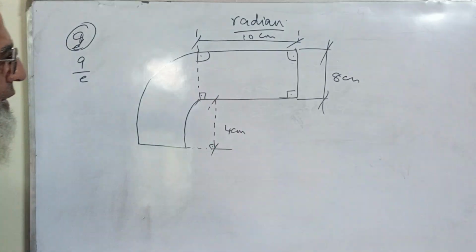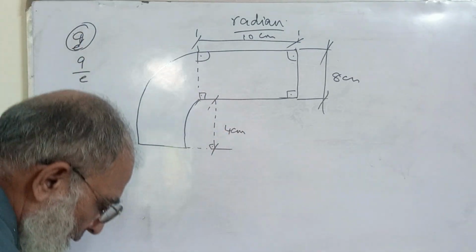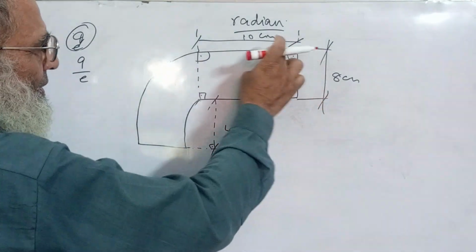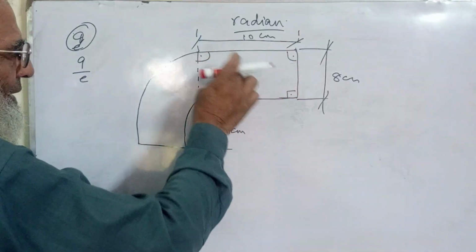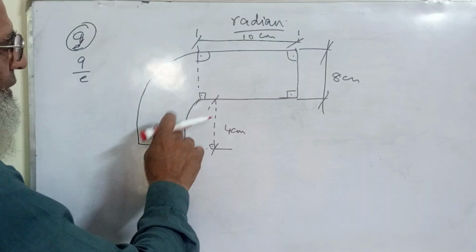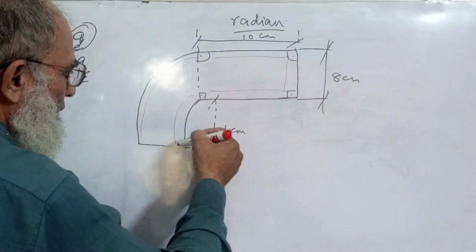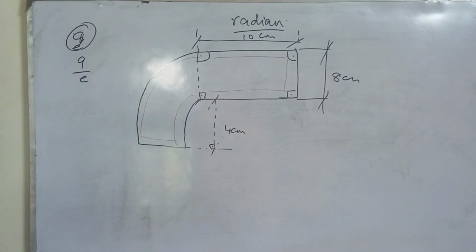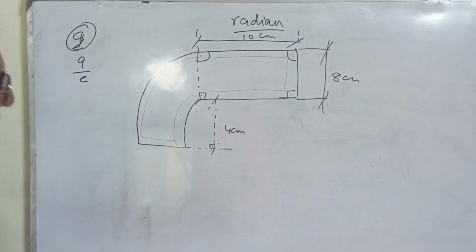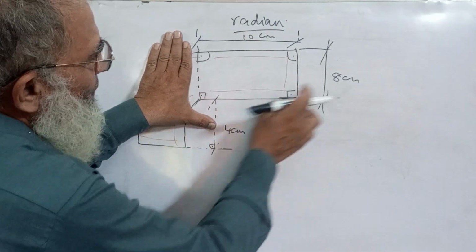The perimeter of this shape includes this length, this width, this curved part, and this curved part. Everything is included in the perimeter. So we start from what is much easier. So it is 10 plus 10 plus 8.